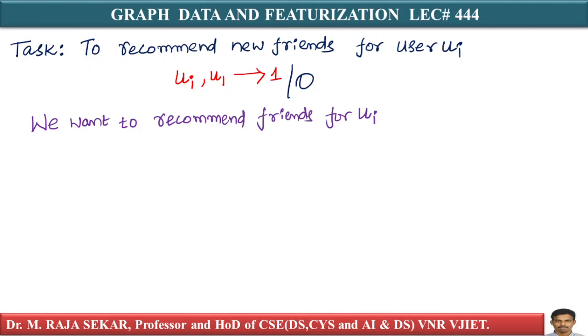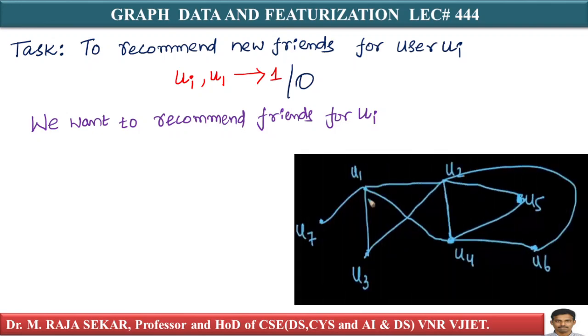Let's take a concrete example. Let's assume in this graph you want to recommend friends for user U4. Let's just apply common sense. When we have to recommend friends for U4, you look at mutual friends. U1 and U4 are already friends.